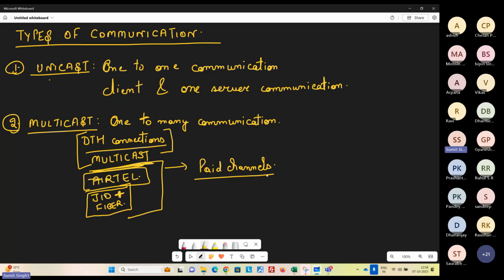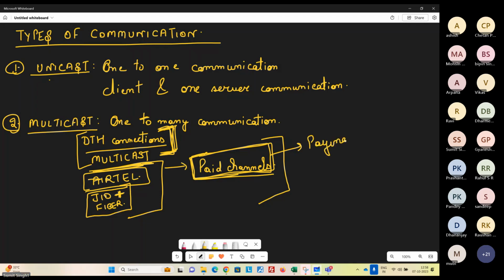How does it work at the back end? This is multicasting, guys. Even though you are part of the DTH connection group, for those specific paid channels only those people are getting them who are paying for them.